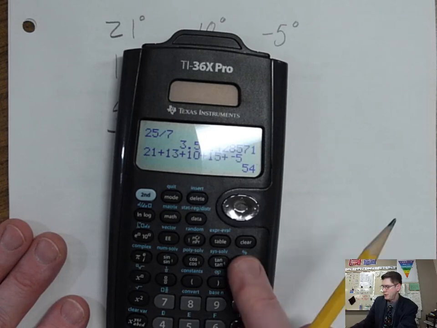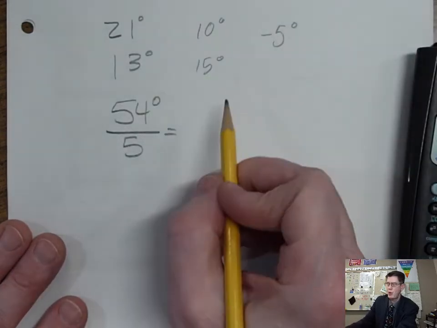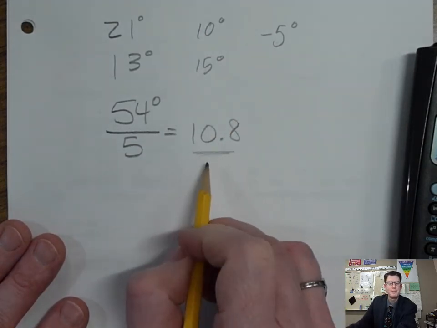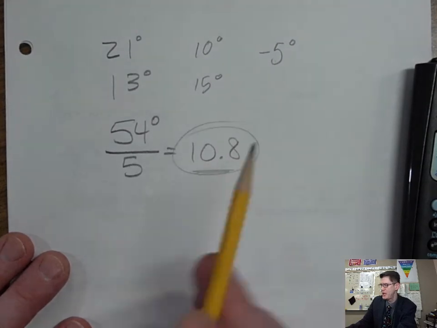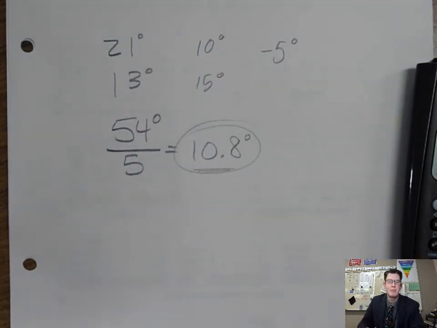So I hit divide by 5, 10.8. So the average temperature at midnight for those days would be 10.8 degrees. That's the average temperature. I say average, we use the word mean.